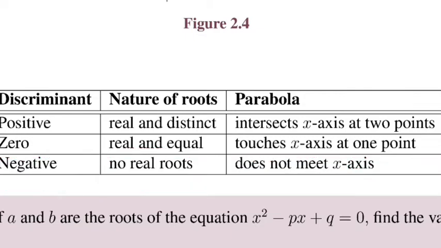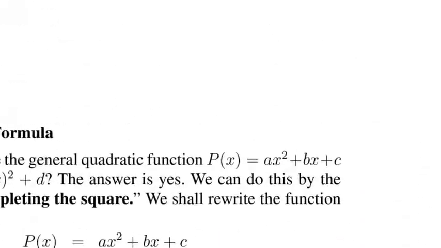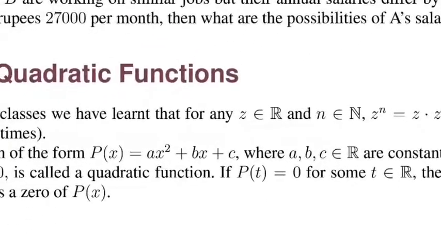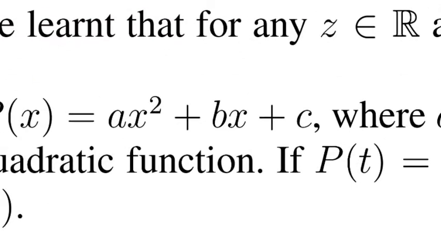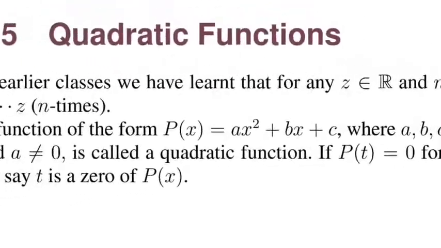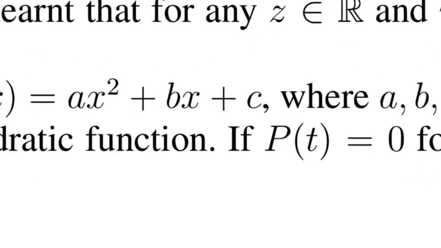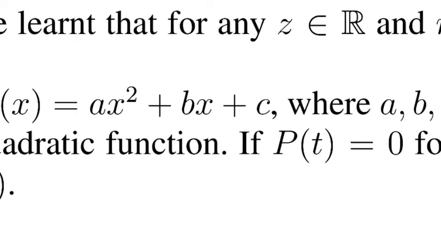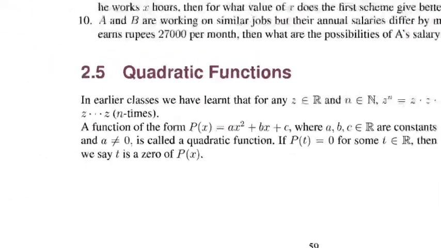So in this video we saw the definition of a quadratic function, general form p of x equal to ax square plus bx plus c, where a, b, c are constants. A must be not equal to 0. If p of t equal to 0, then t is a 0 of p of x.